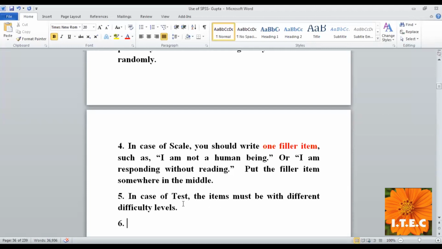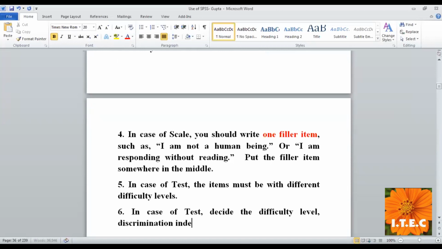Therefore, in case of a test, decide the difficulty level, discrimination index, and types of item, whether you want to have objective type, multiple choice type, filling the blanks type, comparison type. That you have to decide.